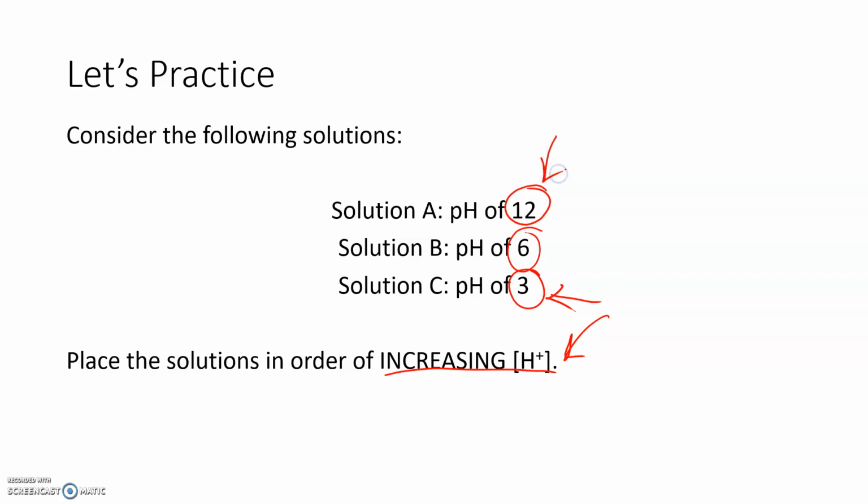This is the least acidic solution with a pH of 12. The most acidic solution, solution C, should have the greatest amount of hydrogen ions. The least acidic solution, solution A, should have the fewest or lowest concentration of hydrogen ions. So putting these solutions in order of increasing hydrogen ion concentration, it should be A, B, C.